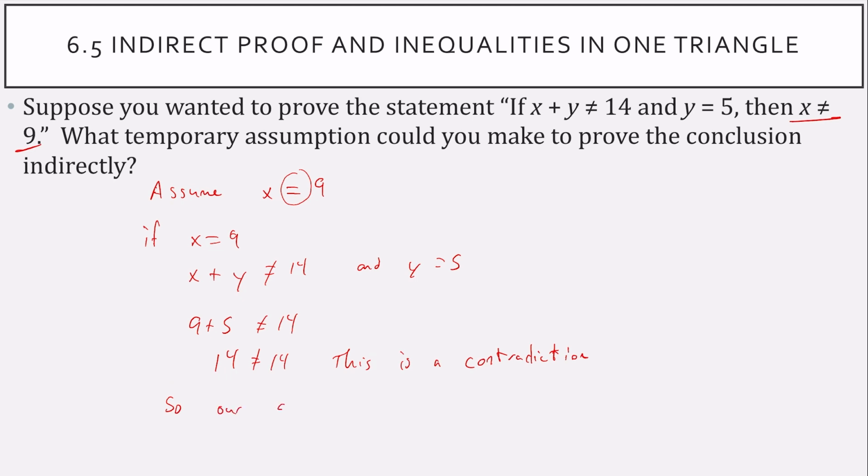So our assumption is wrong and x cannot equal 9. Well, technically for this question we just wanted that part, but you know, might as well go ahead and do the whole proof, right?